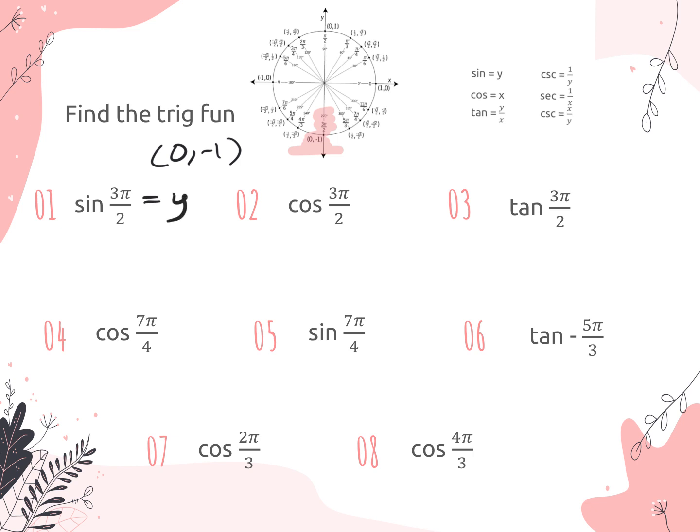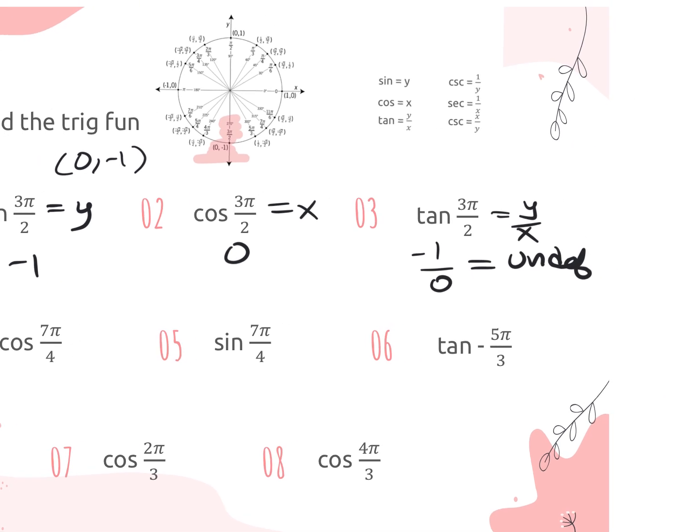Remember, sine looks at y, so the sine of 3 pi over 2 is negative 1. Cosine looks at x, and the x of that ordered pair is 0. Tangent, we have to work for, it's y over x, so the y coordinate, negative 1, over 0. So this is undefined or no solution.